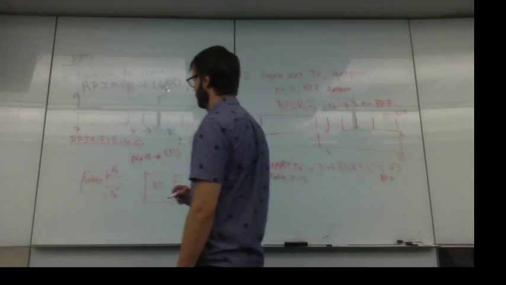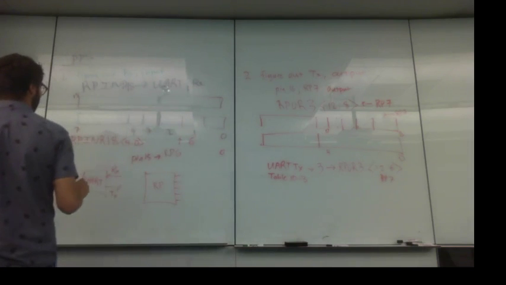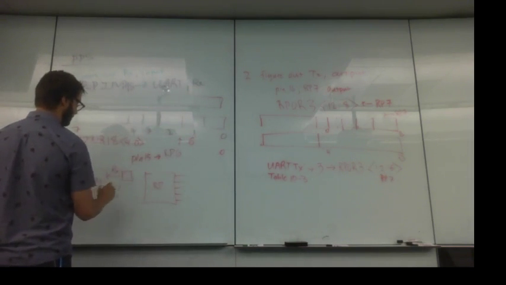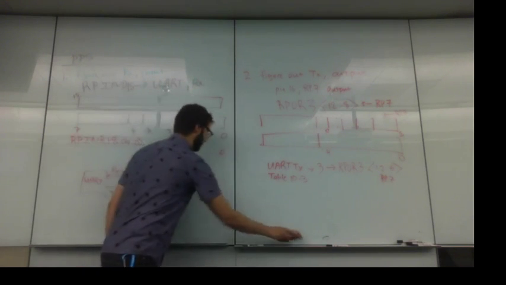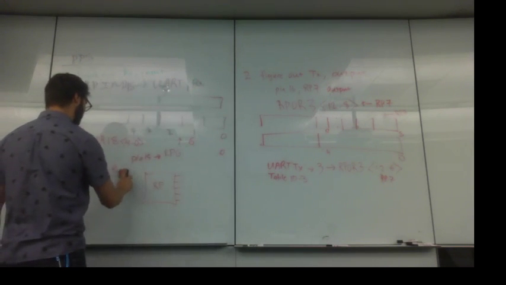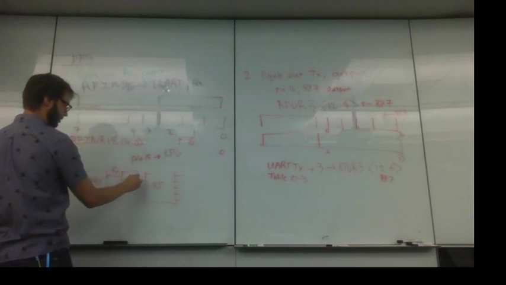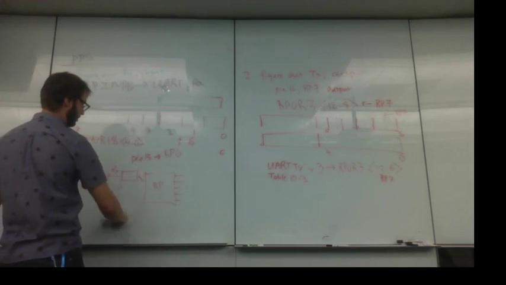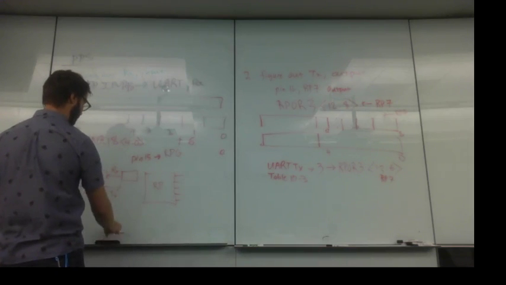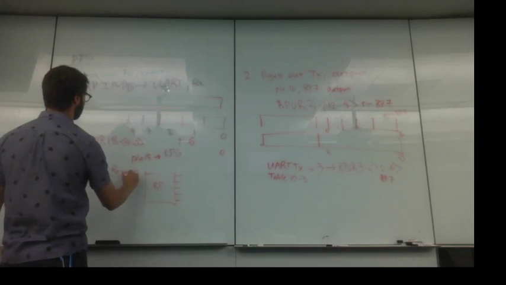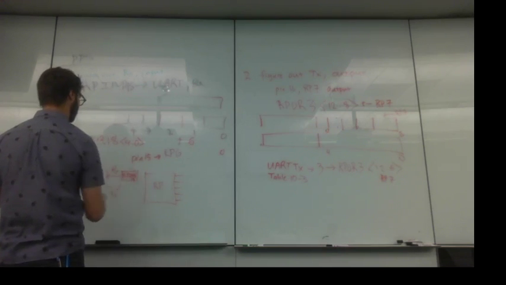So for the UART, let's say for receiving, the receiver kind of has its own register here, and that tells you which RP pin it's going to connect to. So this is RPI, and R18.